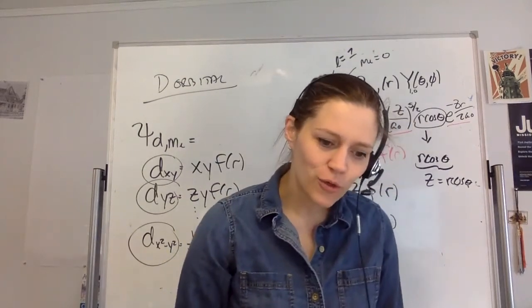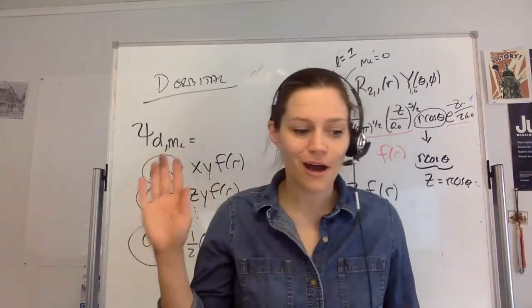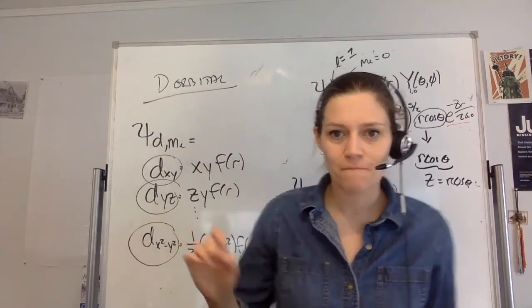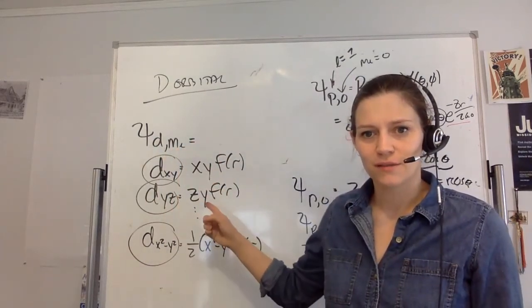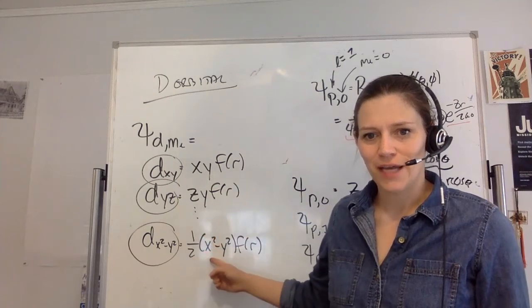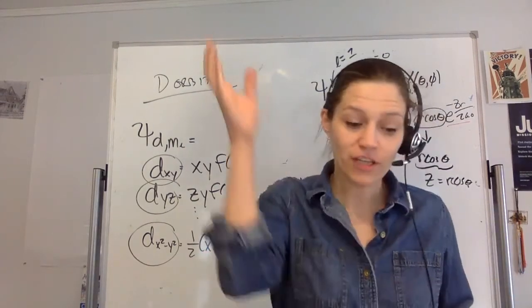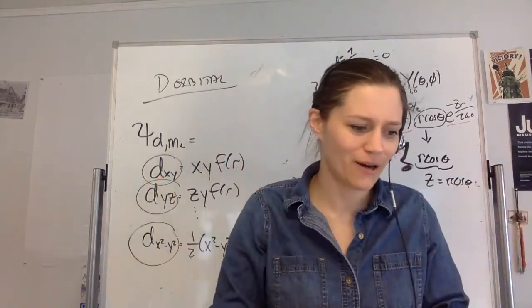So if you go to any number of the character tables and you see xy, zy, x squared minus y squared in the 5th column or 6th, depending on your character.